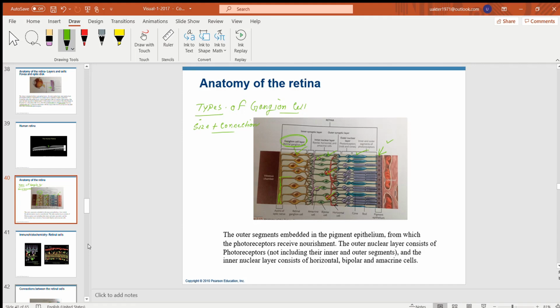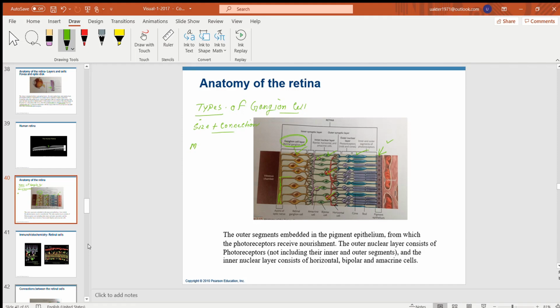That is the anatomical classification by structure, right? We divide them into different types of ganglion cells, and three are the main types.